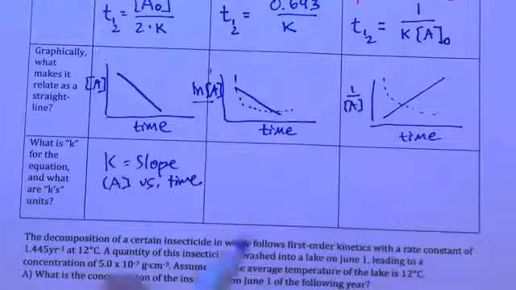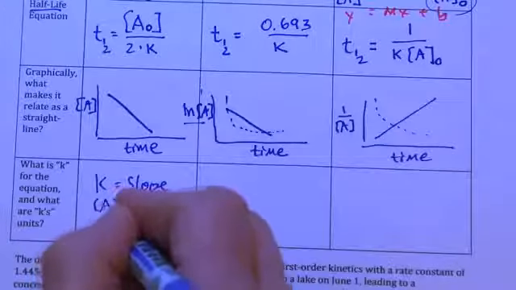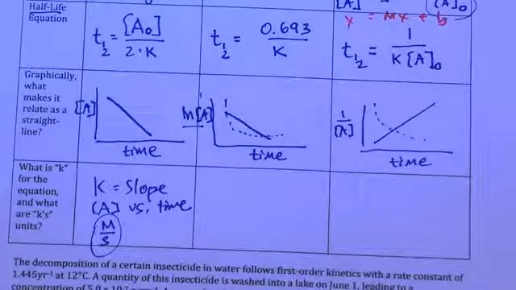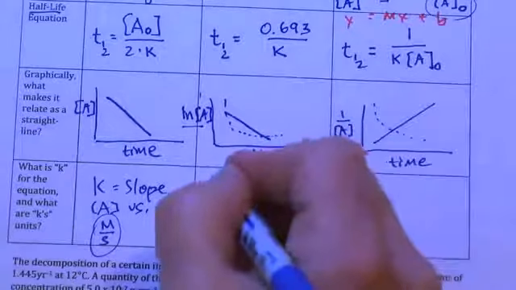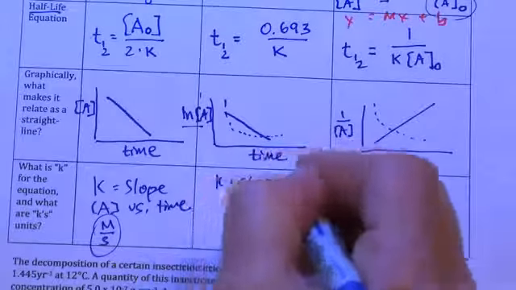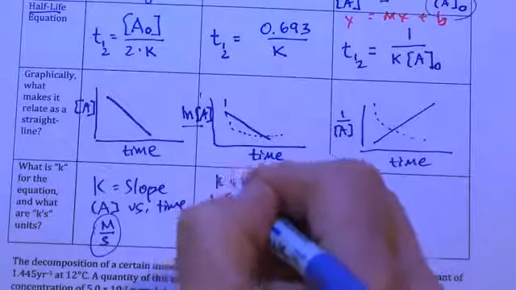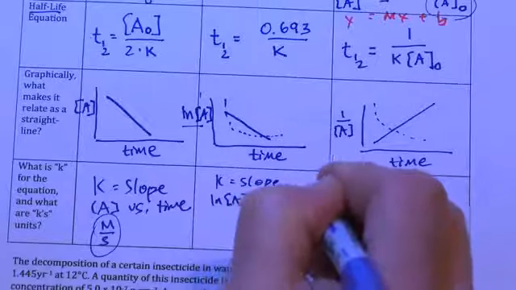And in this case, k is equal to rate, because this is 1, and so k's units would be concentration over time. I'll just put molarity per second because that's an example of concentration per time. In this case, k once again is equal to the slope, and in this case it's a graph of concentration's natural logarithm versus time.